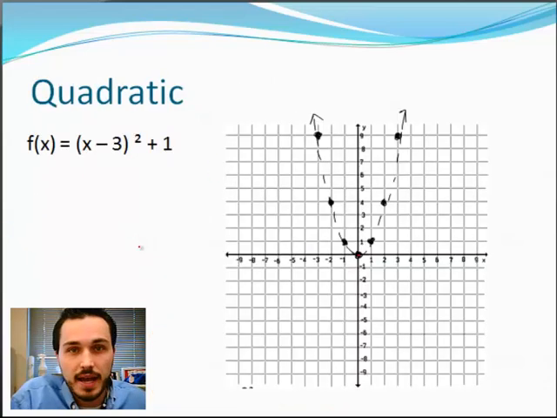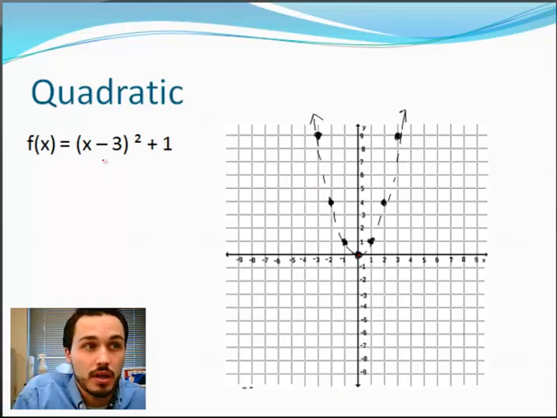So here we'll see an actual example of let's shift some stuff around. I see two things going on here. A minus 3 inside the parentheses and a plus 1 outside. And we're going to use this little dashed line here as kind of a guide to shift the points around, because this is the parent function that we see, but we're going to transform that parent function.